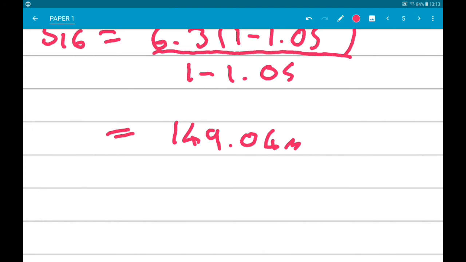Now the mark scheme has 3 seconds, but I'm sticking with everything I know up to this point in my life. 2.4 rounds down to 2. So we have 149 minutes and 2 seconds.